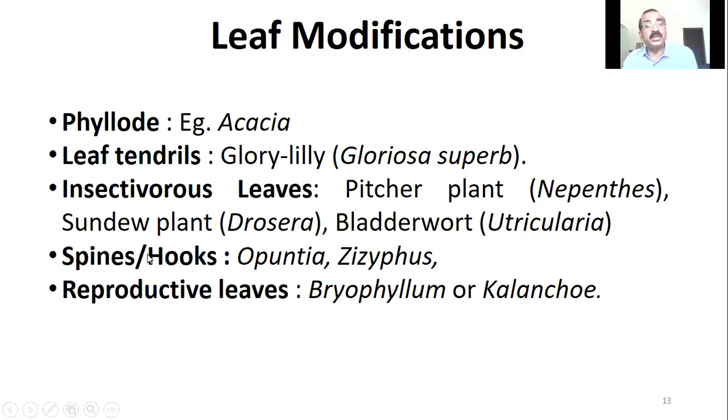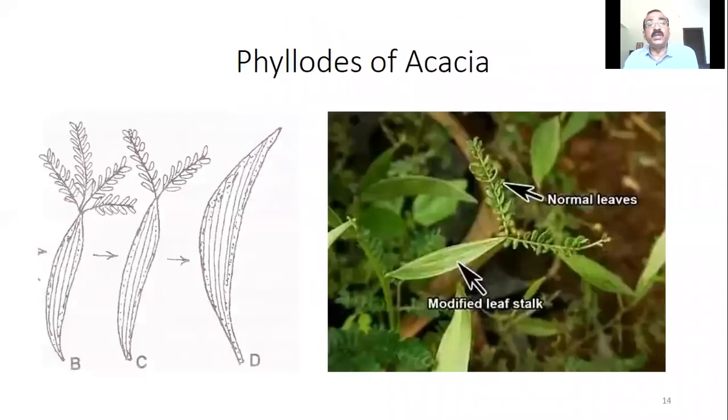Then in some plants, the leaf or part of the leaf, maybe stipule, may be modified into spines or hook-like structures. And in the extreme case, the leaf may be modified into a reproductive structure. The leaf will have small bud-like structures, and these buds will develop into a new plant. So the leaf helps in reproduction. These are the different types of leaf modifications.